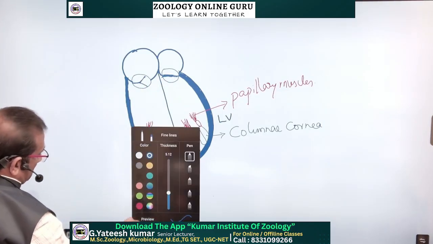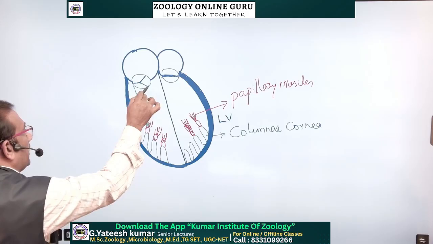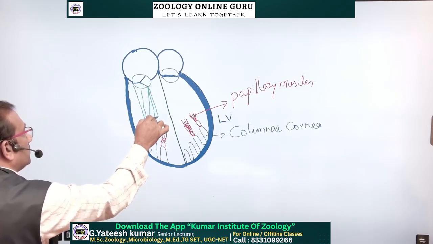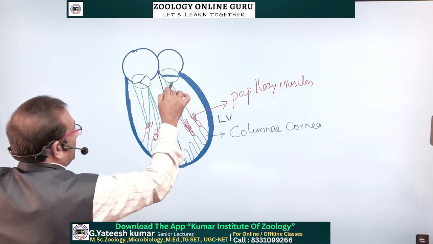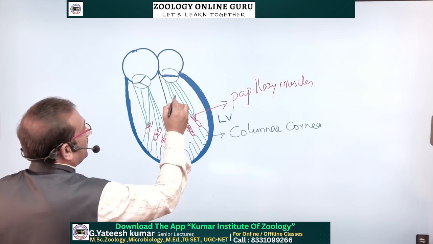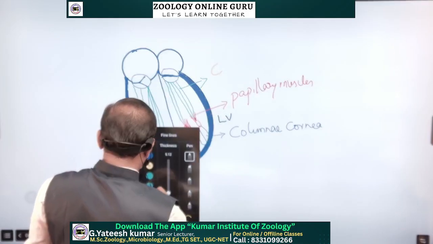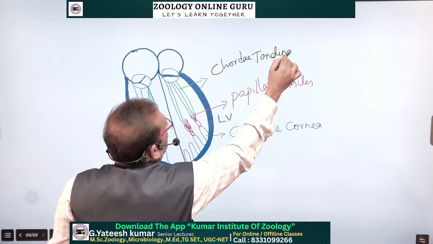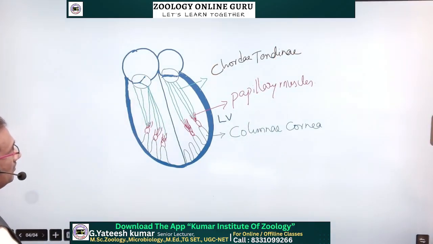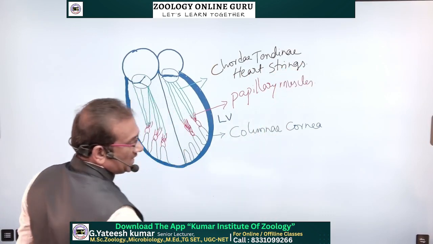Okay, so papillary muscles are linked to the tricuspid valve and bicuspid valve, and these links are known as chordae tendineae. Chordae tendineae are also known as heart strings.